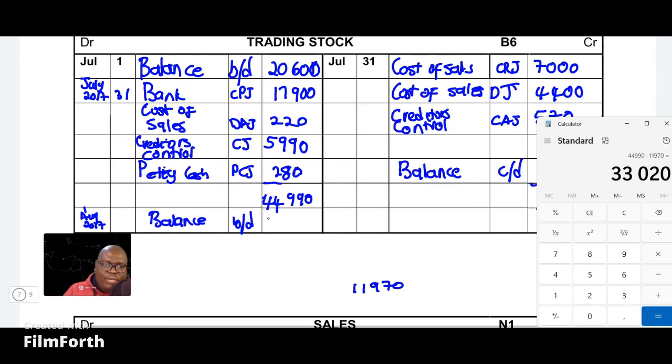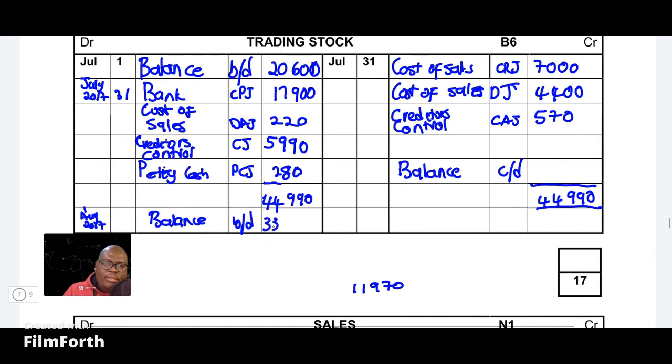So that will be our opening balance for the following month, because we are only doing this for the month of July. So meaning that this will be our opening amount for August.